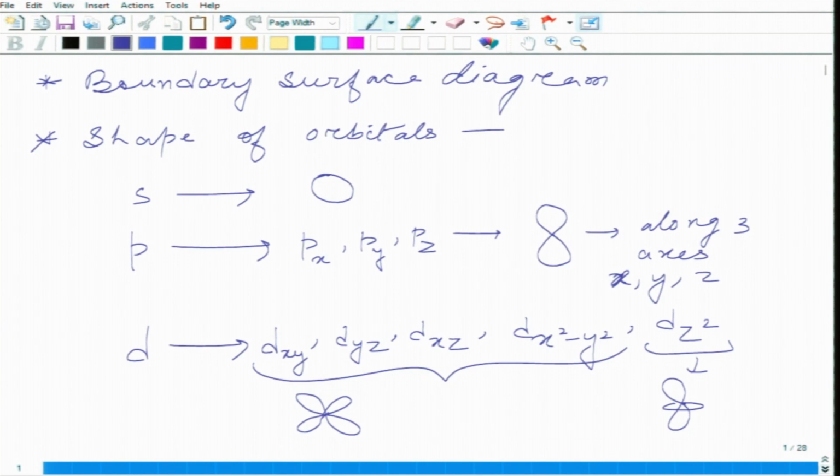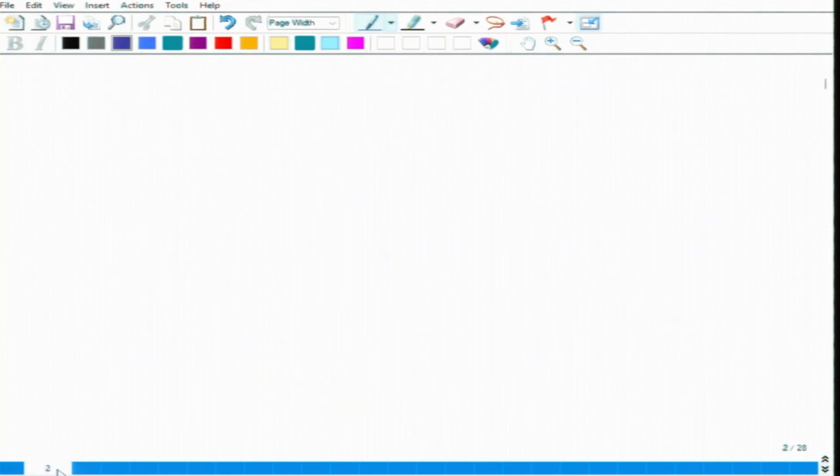And we had also drawn how it looks with respect to the x, y and z axis.